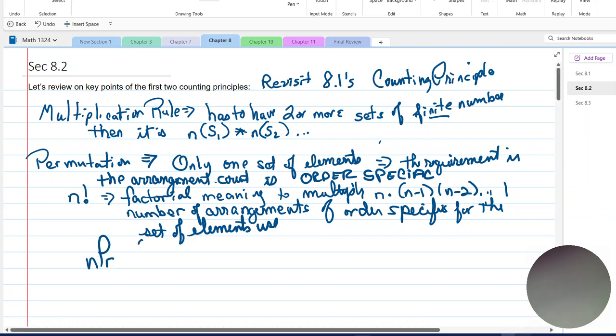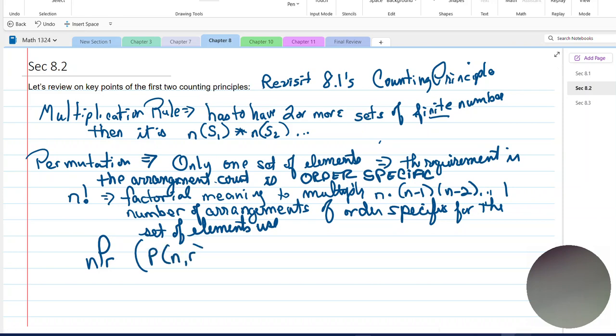Then we have this one, nPr. The book uses it as P of n, r, but for our calculator use, this is the construction. All right, so here we go.